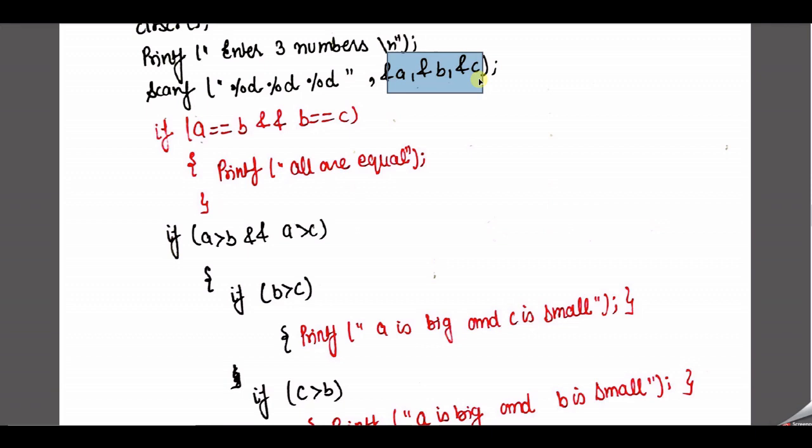If I type B and A here, the number 10 will be stored in the variable B, and then the number 9 will be stored in the variable A. So when we change the order of the variables, this is the most important point: in whichever variable I want to store my data, in the same order I need to write the location here.